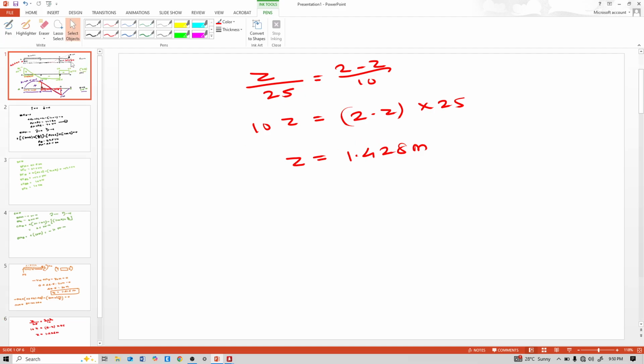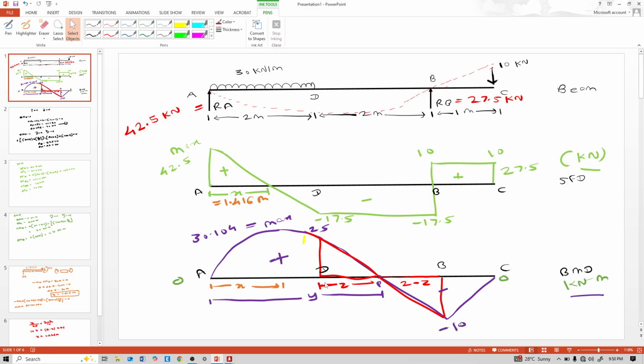See here, this Z is the D to P distance, and A to D distance is 2 meter.